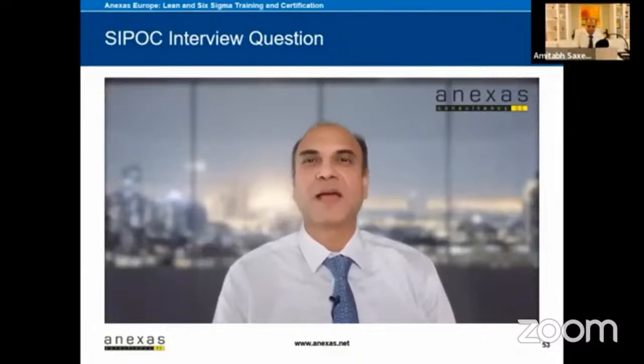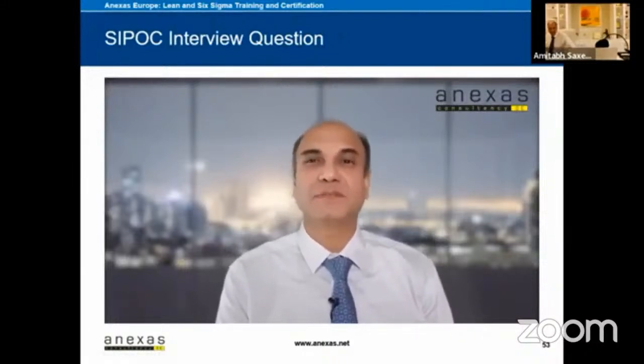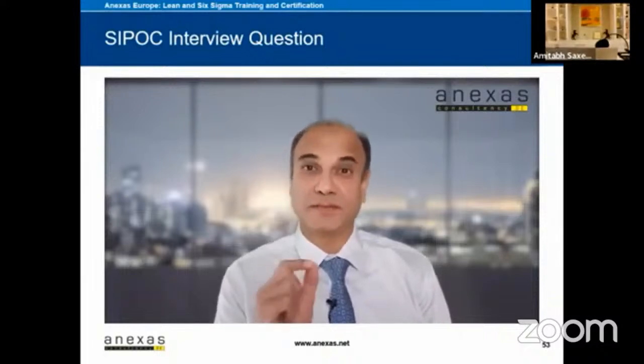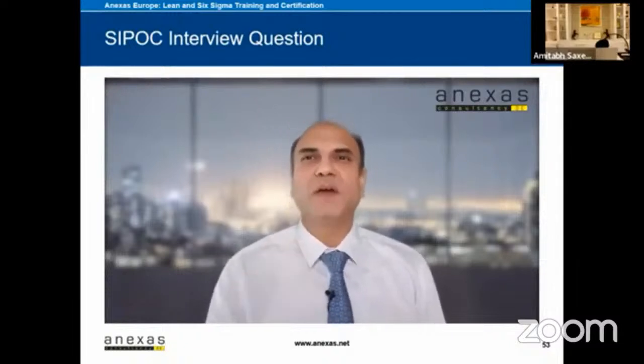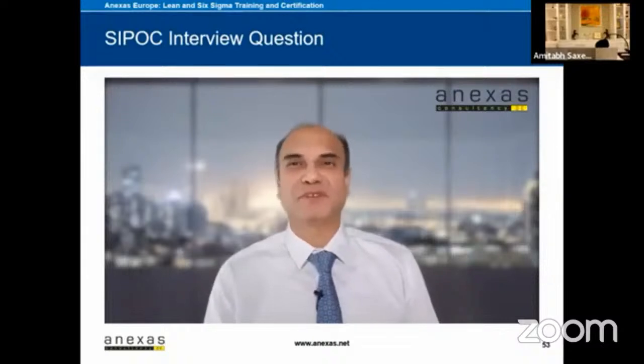Let me talk about SIPOC. SIPOC is a tool derived from Deming's systems approach. He used to say that 85% of the problems are due to the processes and only 15% are contributed by the people. It is a tool that gives you a 50,000 feet overview of the process. If you give me only one page to give maximum information about the process, then I would use a SIPOC.